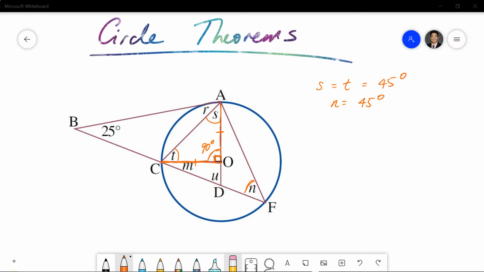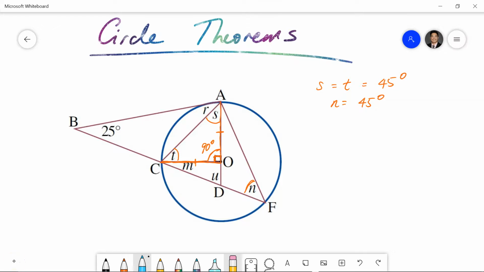Next thing is that this line going across, if we were to go all the way through, this is a tangent, and so therefore this angle has to be 90 degrees. Okay, so the diagram doesn't look like that, but this is where you just need to apply your theorems and understand what's going on.